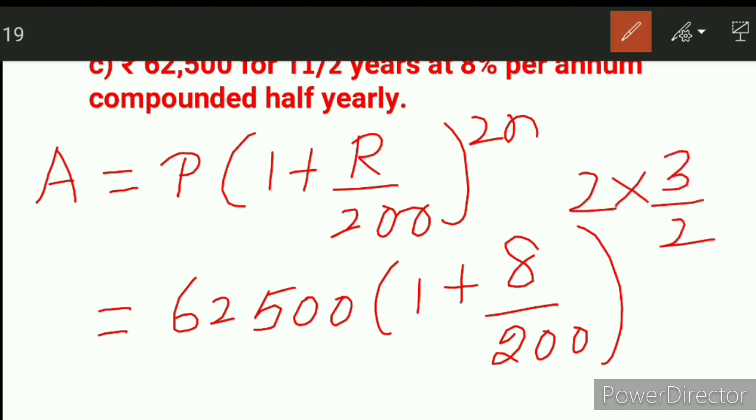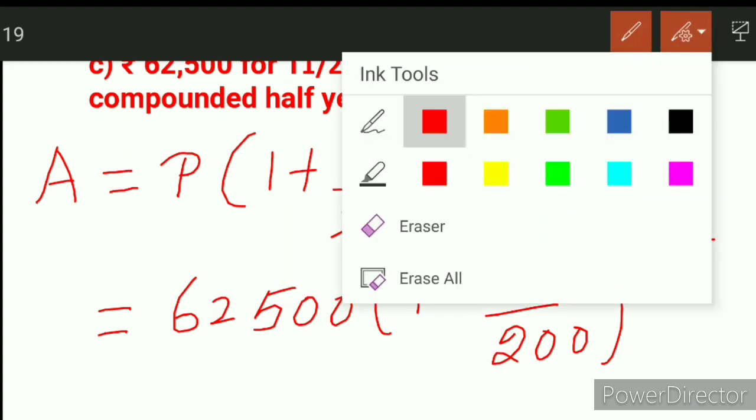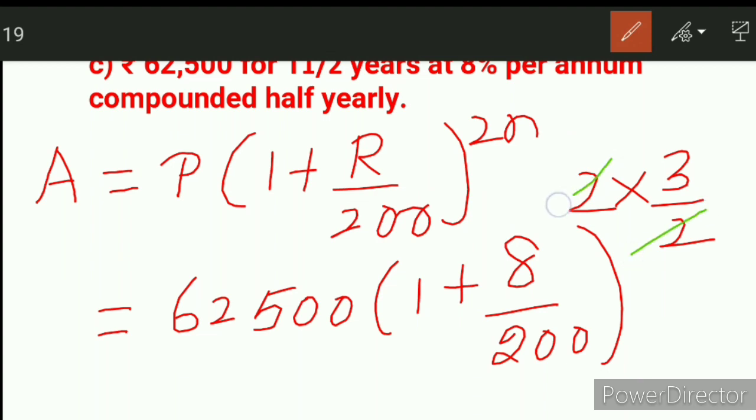We have converted 1.5 years into an improper fraction, so in place of n substitute 3/2. Now we can do our calculation. This 2 and 2 get cancelled. 2 and 2 cancel.